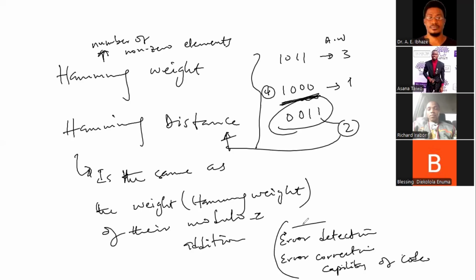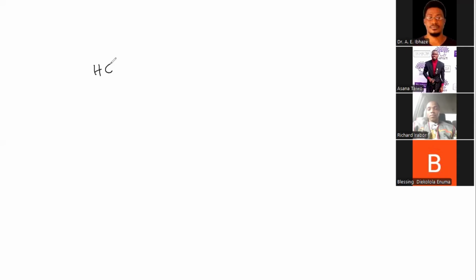So we've made mention of so many things. We also mentioned earlier a sufficient condition that must be satisfied for us to have a generator matrix and a parity check matrix: the multiplication of the parity check matrix and the transpose of the generator matrix, or the multiplication of the generator matrix and the transpose of the parity check matrix, must be the same as 0.